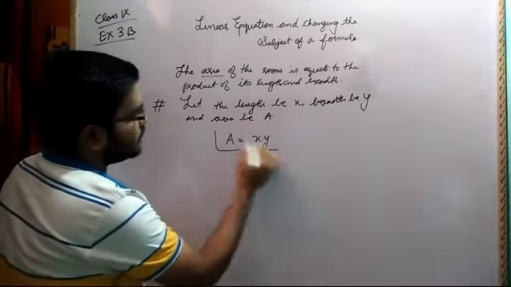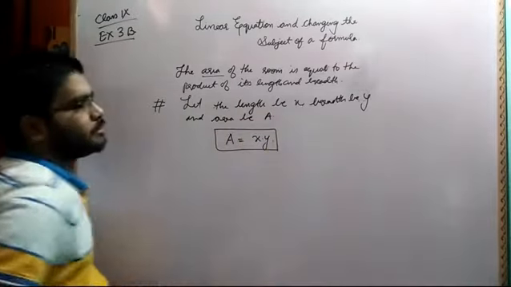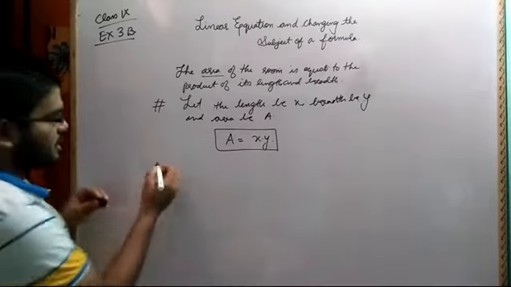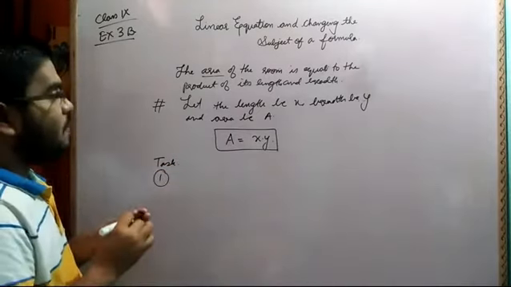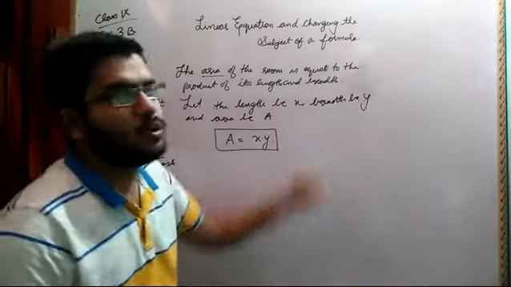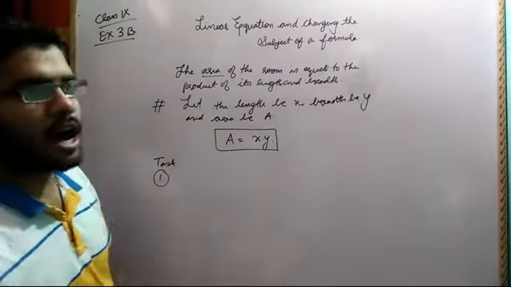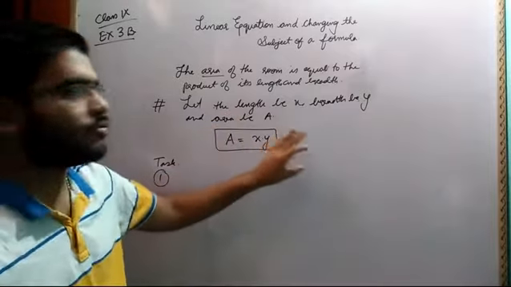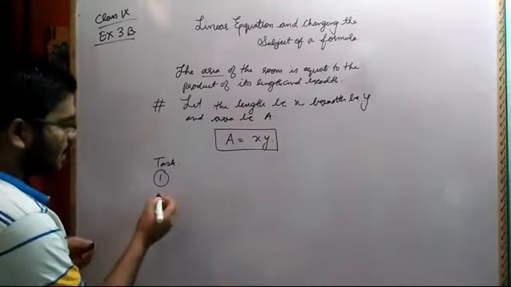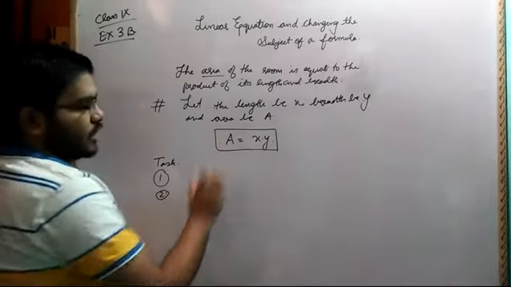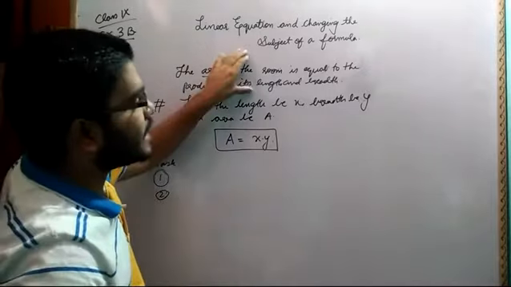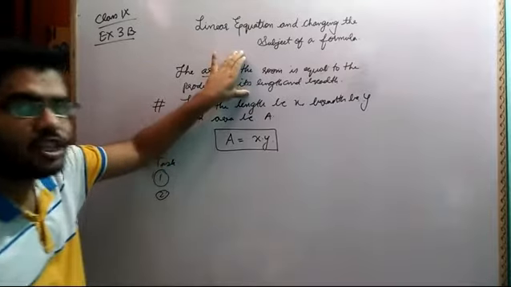So this is what we are going to study in this chapter. After reading the question, our first task will be to find the unknowns. Here all the three are unknowns, so I have assumed x, y, and A. After that, the second step will be to frame the equation in such a way that it satisfies the given conditions.